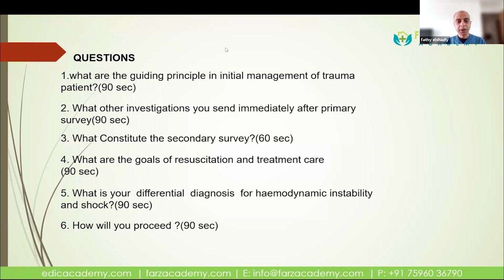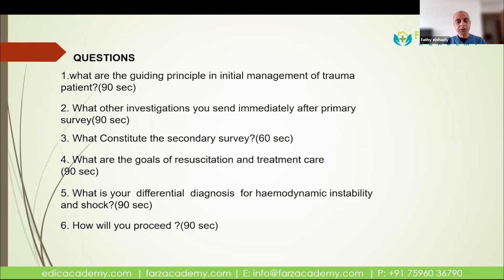The primary management would include insertion of two large bore cannulae, 14 or 16, giving the fluids, activating the massive transfusion or major hemorrhage protocol, alerting the trauma team or red code, and going on from there.